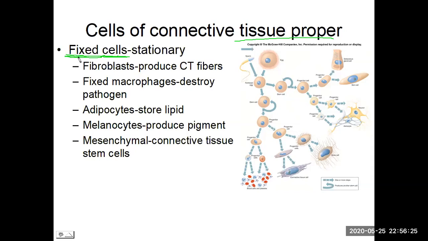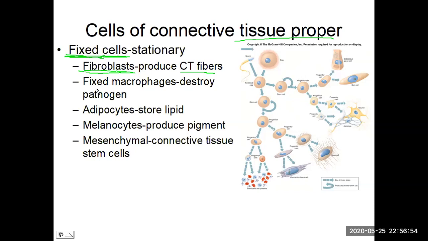What's meant by fixed cells are the common, typical cells that we find in connective tissues, the usual players. The first one makes perfect sense. Anywhere that we're going to have fibers, collagen, elastic, or reticular fibers, we need the fibroblast cells that produce them. So it produces and secretes that material which becomes the fiber itself.